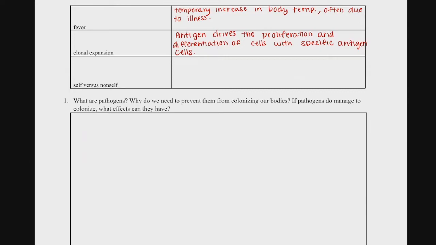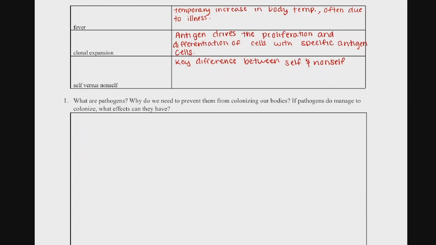And then finally, self versus non-self is just the key difference between self and non-self antigens, where cells of our own body are known as self antigens, and the antigens that aren't original to our own body are called non-self antigens.